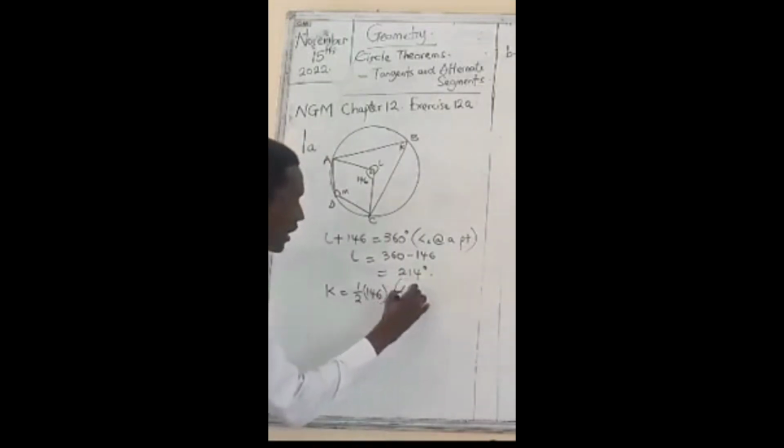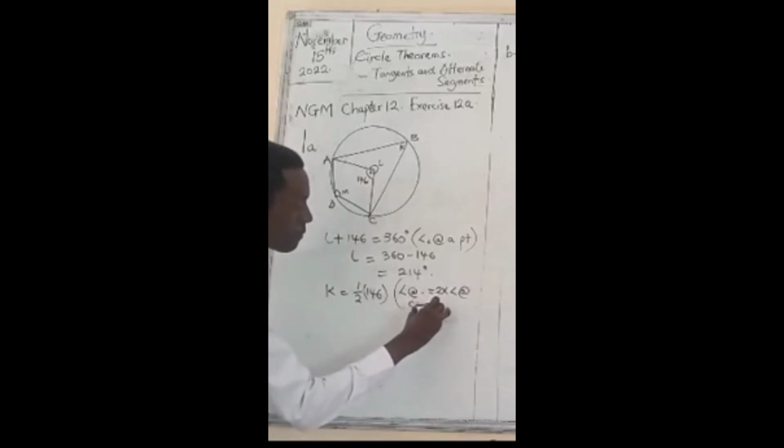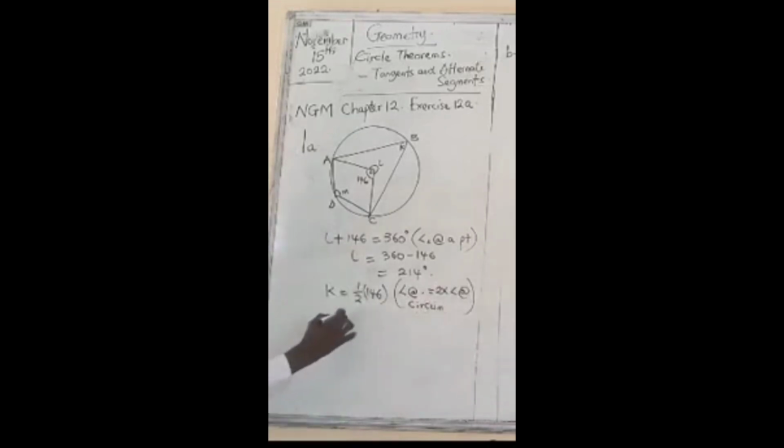Angle at center equals 2 times angle at circumference. We also have shorthand in mathematics. So with that, K will simply be equal to 73. Beautiful.